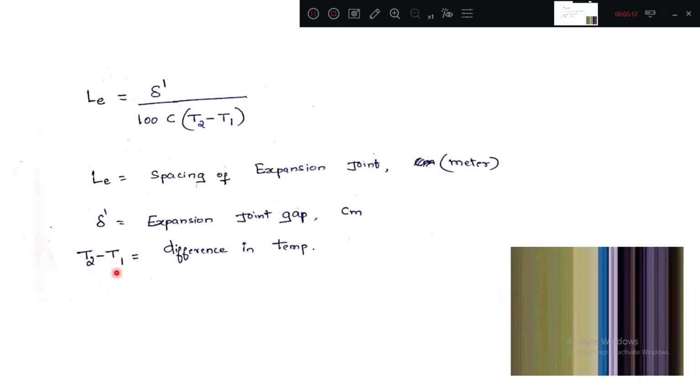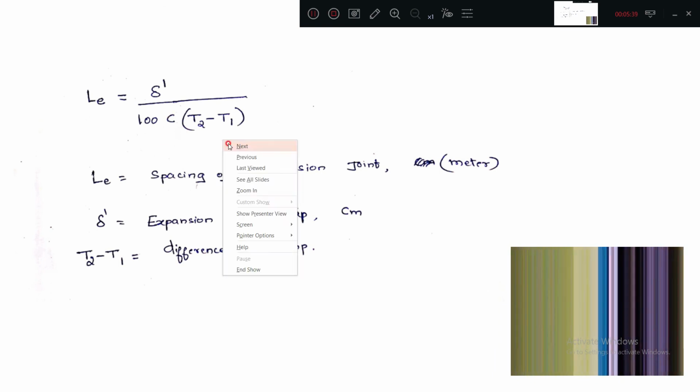Similarly, T2 minus T1 is the temperature difference, and it should be in degrees Celsius. What is this C? Coefficient of thermal expansion. For a 1 degree Celsius rise, how much there will be change in the length. That is the coefficient of expansion.